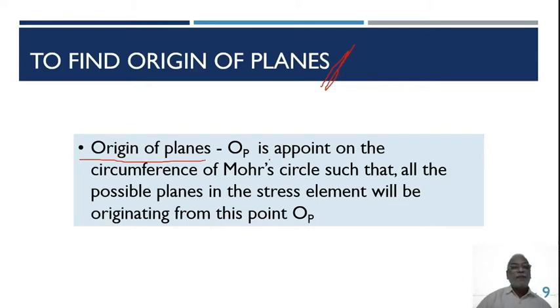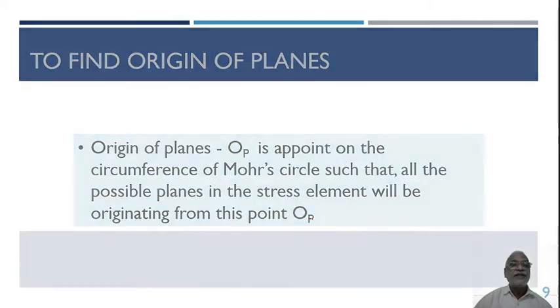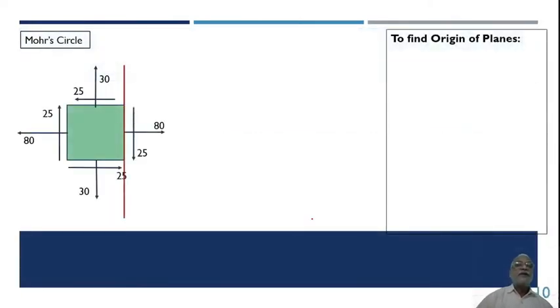OP, origin of planes, is a point on the circumference of the Mohr circle such that all the possible planes in the stress element will be originating from this point. Anyway, we'll dig into the details here. Here I have a biaxial stress system, right? The point of discussion is origin of planes.